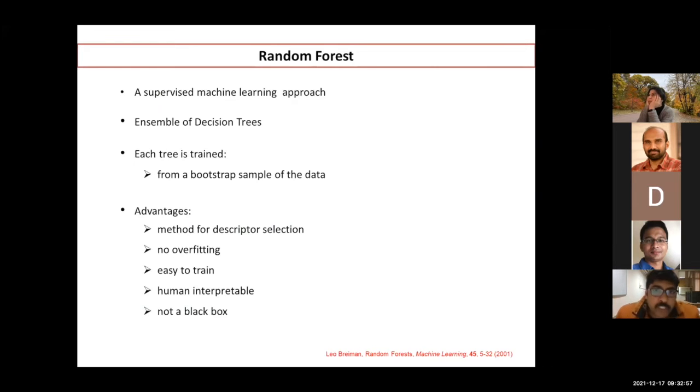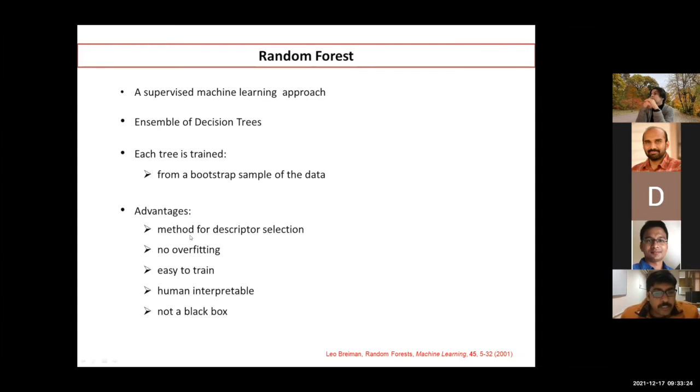So what is the random forest approach? Random forest is a supervised machine learning approach which uses decision trees, and it generates an ensemble of decision trees using bootstrap methods. It selects samples from the original input CVs and generates multiple trees. From these multiple trees, it finally generates the final model and gives us the classification of bound and unbound states. So what are the advantages of this method?